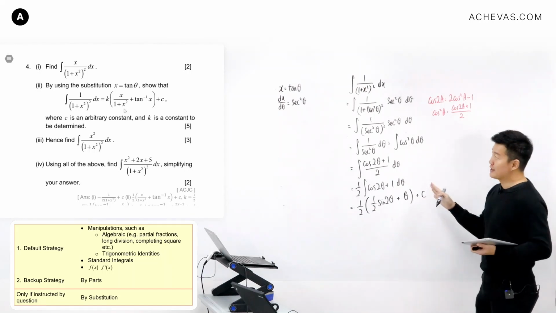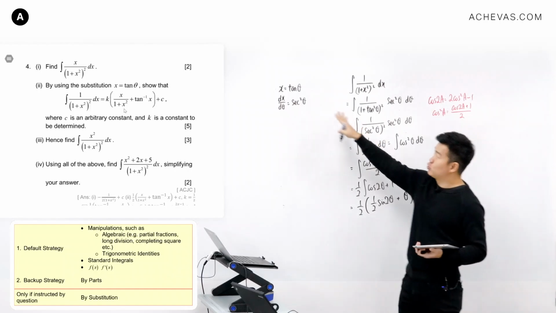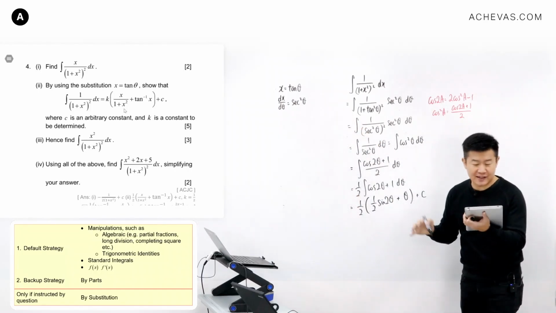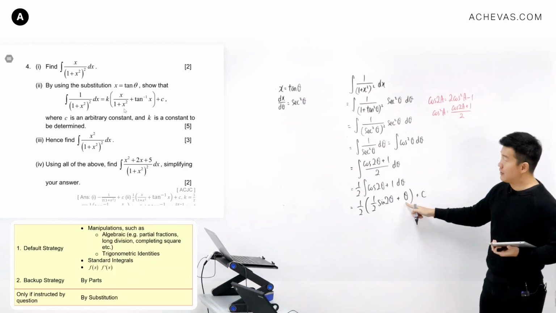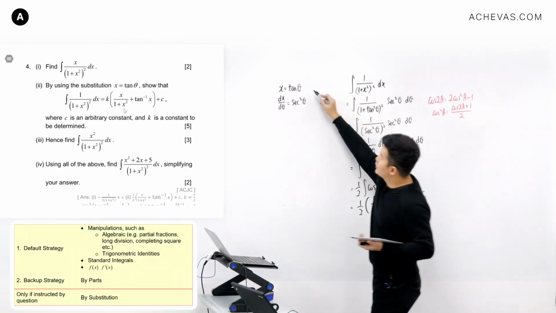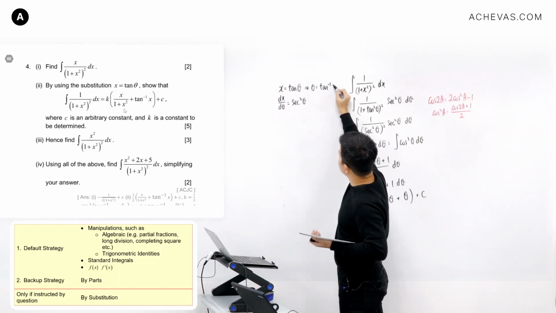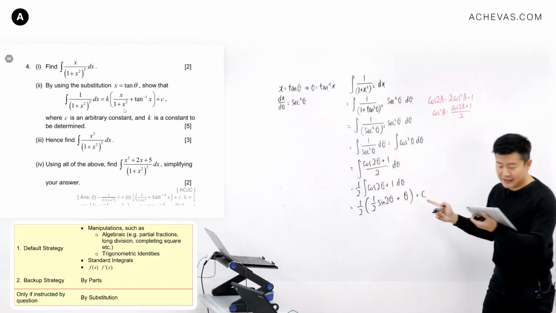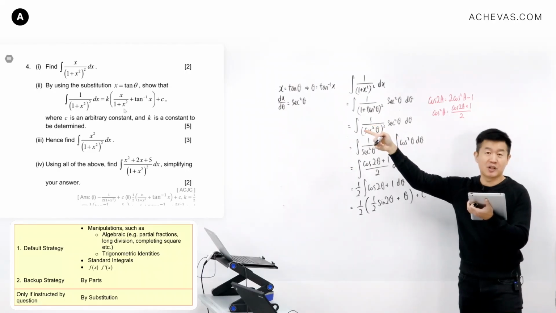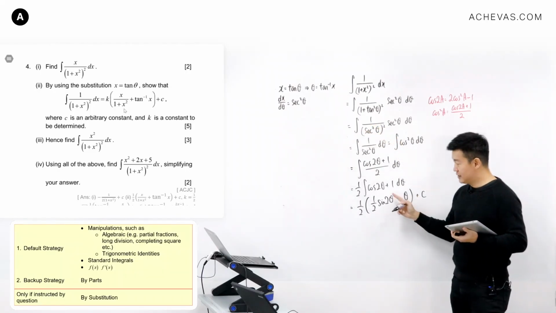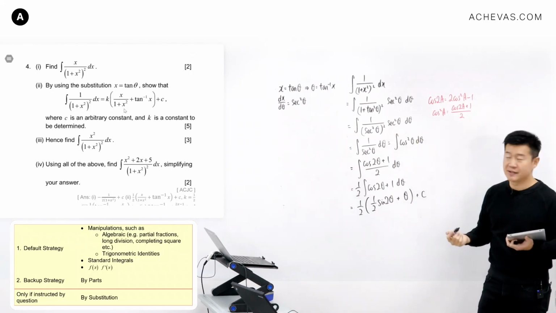Let's not forget that we are supposed to re-express this, which is in terms of theta now, back to an expression that has x, especially the question wants us to show that it is in terms of x. I think this is fine because for this, I can just simply take this and rework this to tangent inverse x. So I'm going to be replacing this theta by tangent inverse x. It is going to be part of the expression that we're going to be showing already. But for this, we need to show that this can become something that is like x over 1 plus x squared.